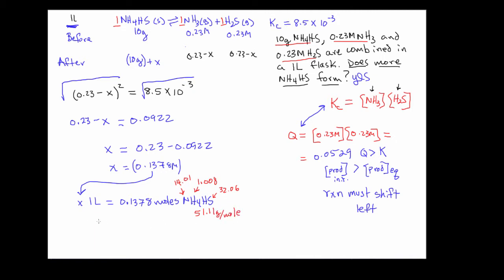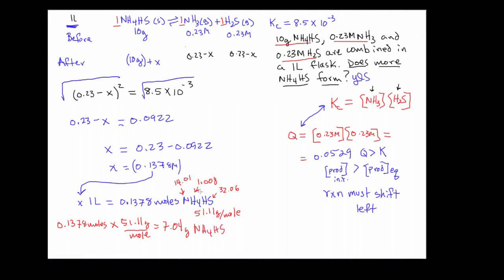So to find the additional mass of NH4HS that's going to form, we're going to take the 0.1378 moles and multiply by 51.11 grams per mole, and we get a grand total of about 7.04 grams of the NH4HS that's going to form.